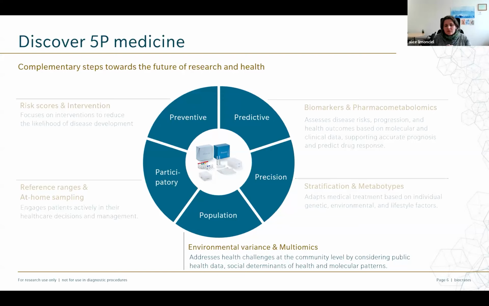Multiomics is a great way to work up towards predictive medicine. It's extremely powerful for preventive medicine and completely applicable to all of the 5 Ps. But I only have a few minutes, so I will focus on the use of multiomics here in the context of population health for most examples.